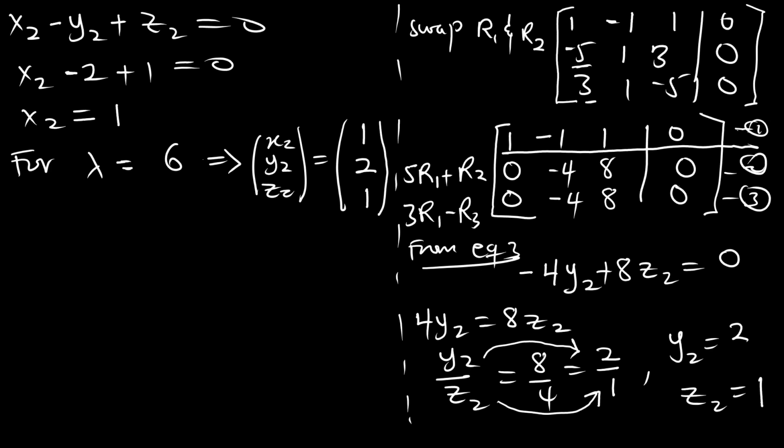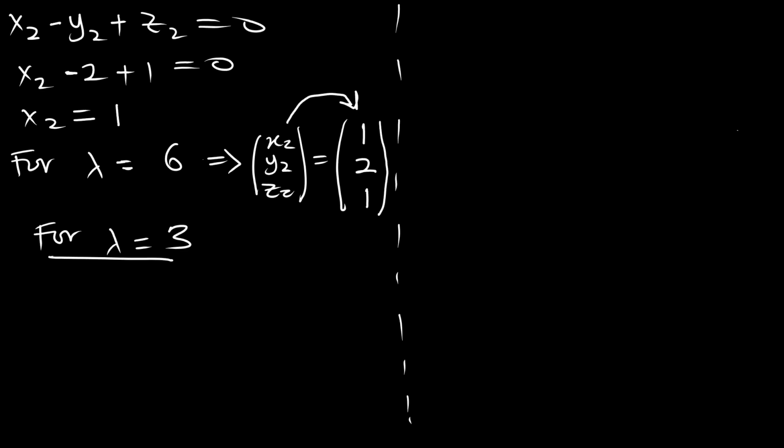So we are left with lambda is equal to 3. We've now seen the corresponding vector for 6. We also know the corresponding vector when it is equal to negative 2. So let's look at it when it is equal to 3. Let's look at how to find the eigenvector. Now, the same approach, we are going to also start from the expression A minus lambda I times the vector is equal to 0.